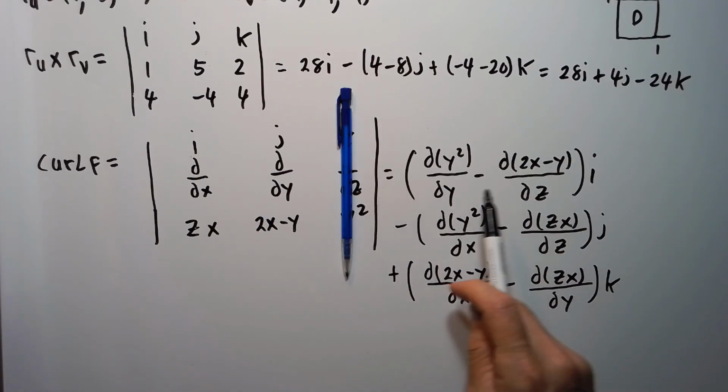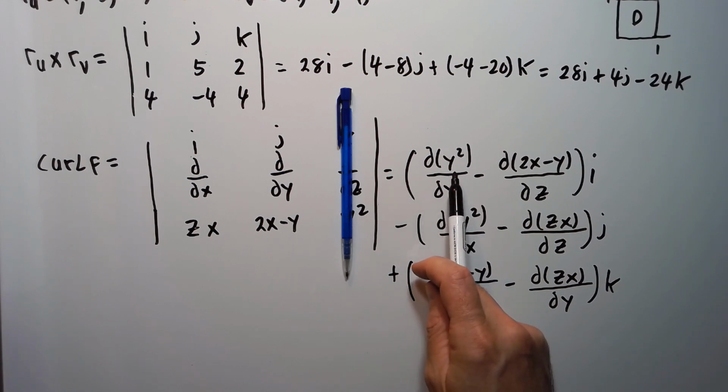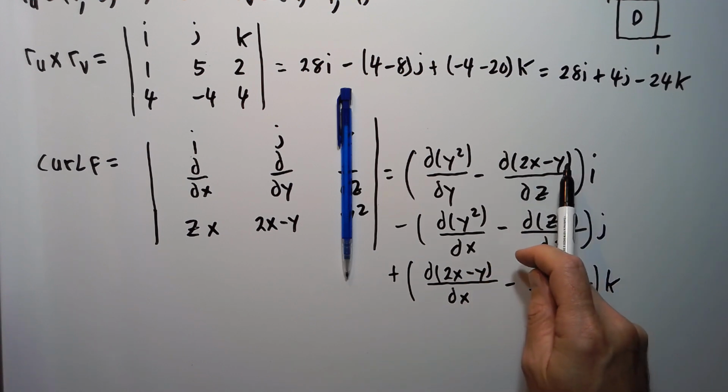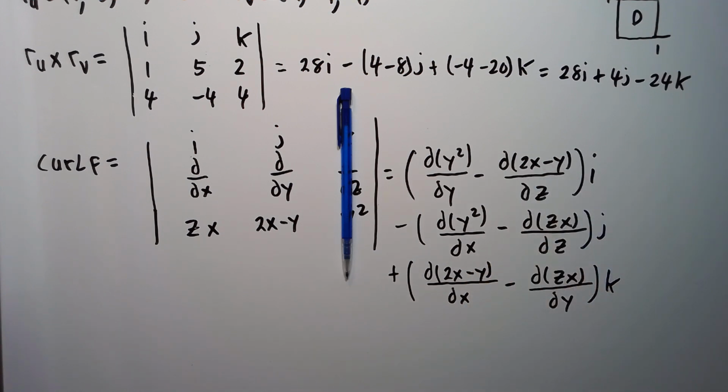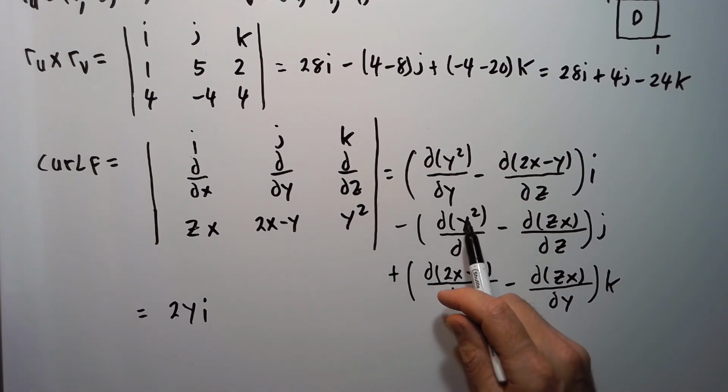So looking at the I one, the partial y operator acting on y squared will become 2y, and there's no z in this, that'll be 0. So we write that down here. Next, the partial x operator acting on y squared will be 0.